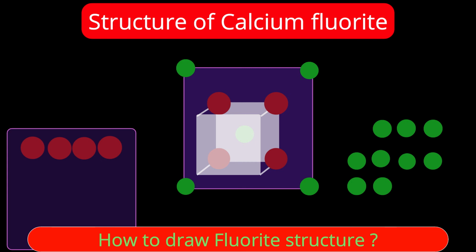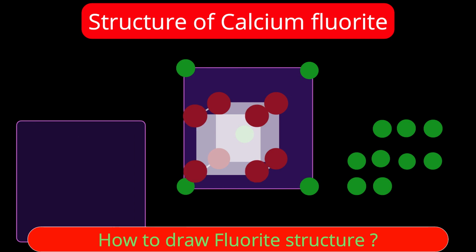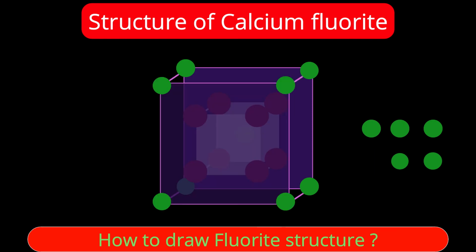There we are going to place fluoride ions at the corners of that square. Now imagine the inner cube, and each corner of the inner cube is occupied by red colored large fluoride ions.